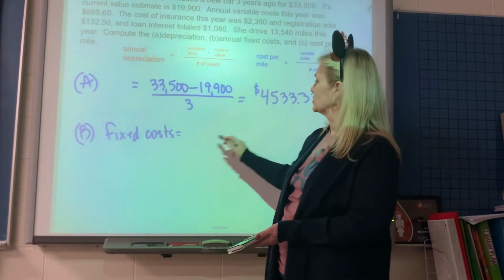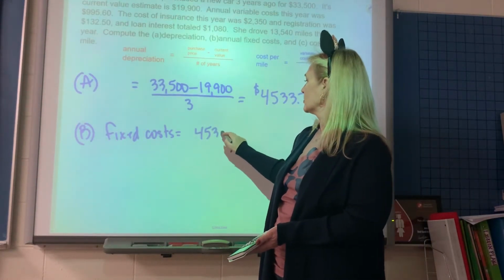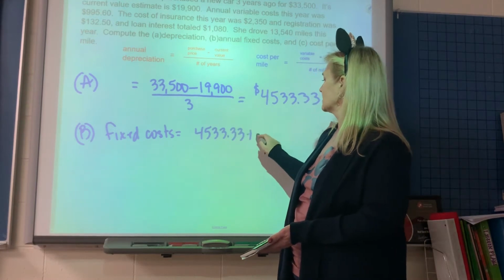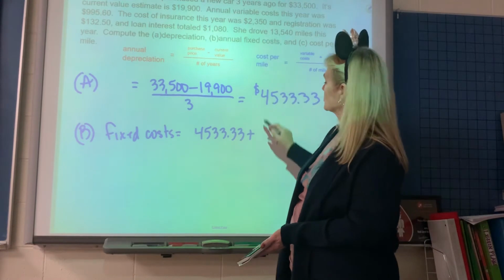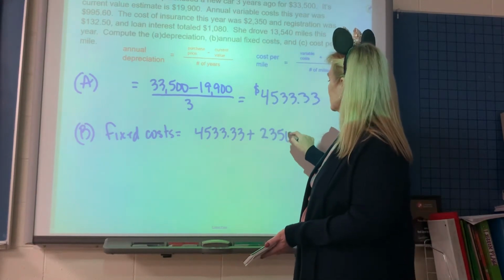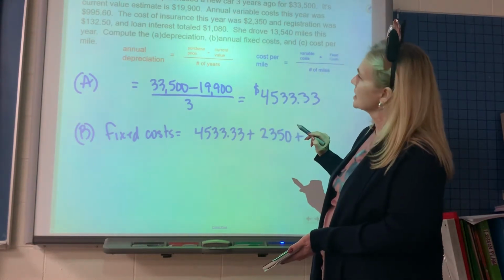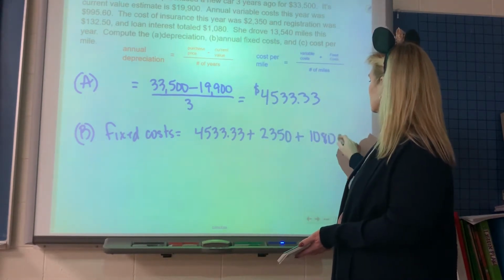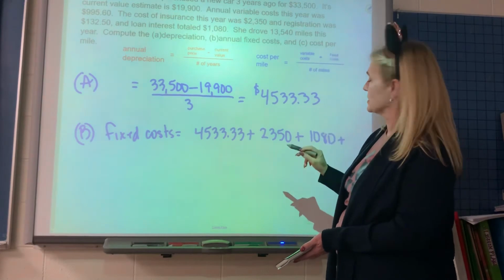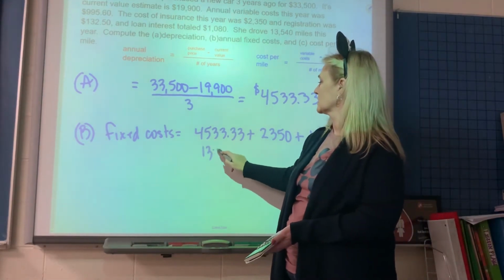We might as well start with the depreciation. 4533.33 is the depreciation, plus the cost of insurance was $23.50, plus loan interest was $1,080, plus the registration was $132.50.